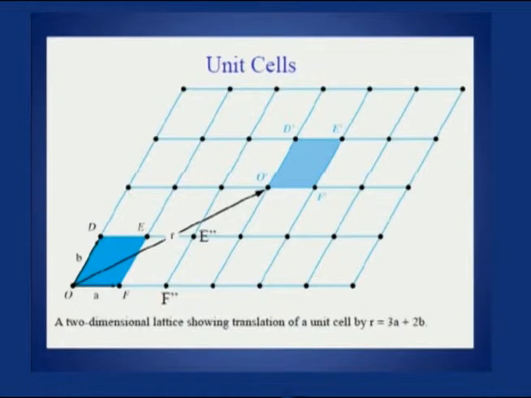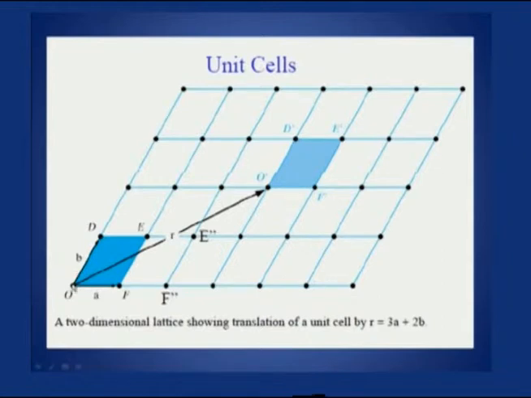Now, what I am going to do is translate this cell in a 2 dimensional lattice, showing a translation of a unit cell. The unit cell is translated by a vector R, which will be 3 times A plus 2 times B. I take this cell and translate it 1A, 2A, 3A, 1B, 2B, okay.